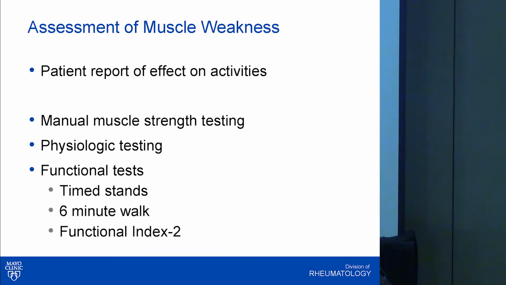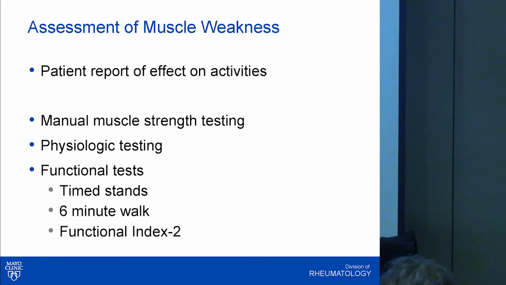Have you fallen since the last visit? How do you do with activities of daily living? So I typically ask patients a number of things: how they do with walking, how they do climbing stairs, are they having trouble getting up from a seated position, getting things to an overhead shelf, lifting a gallon of milk, sort of day-to-day normal things. How are you doing with these?